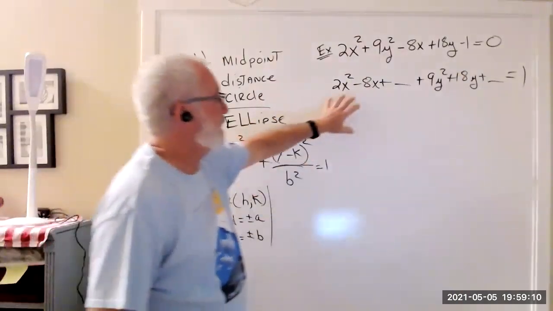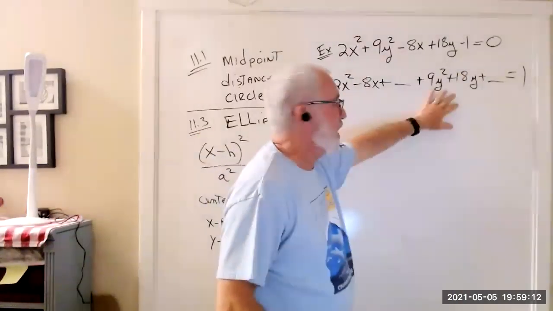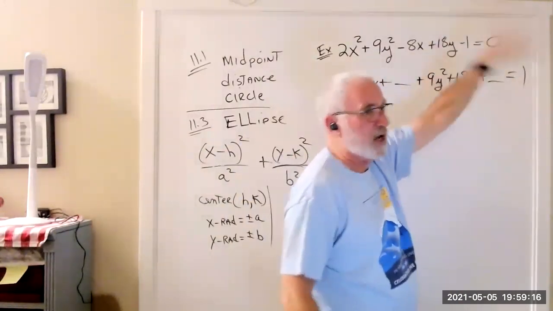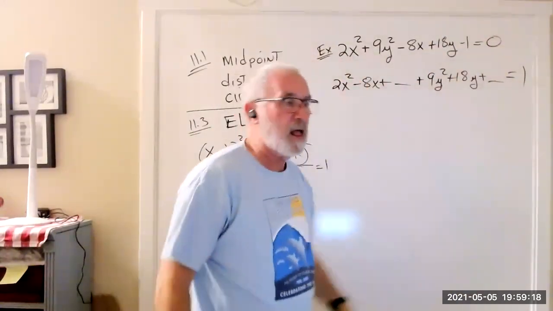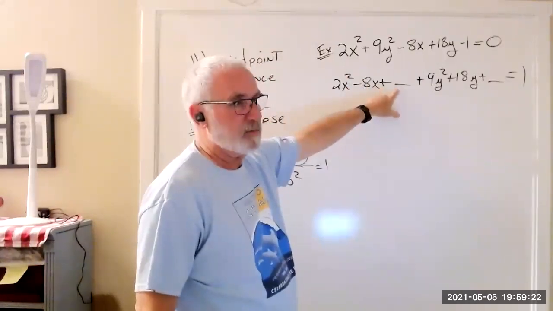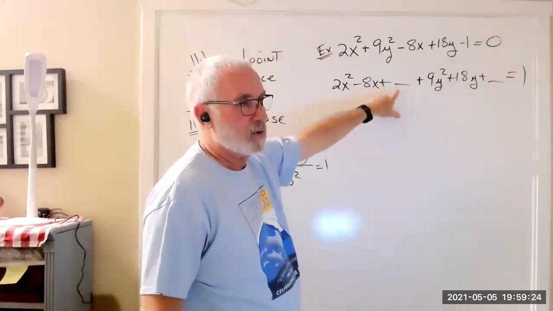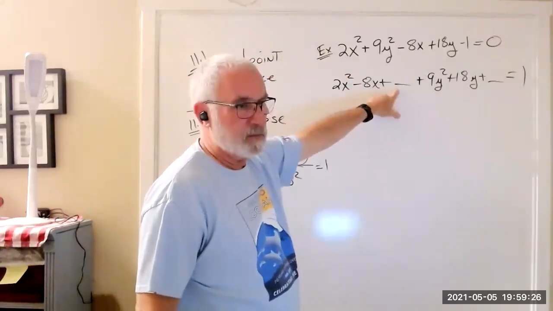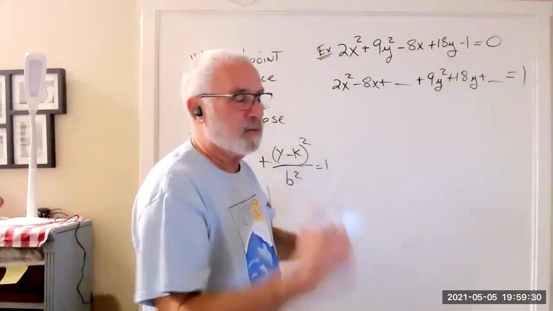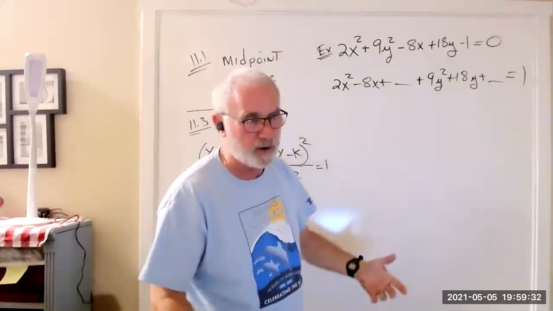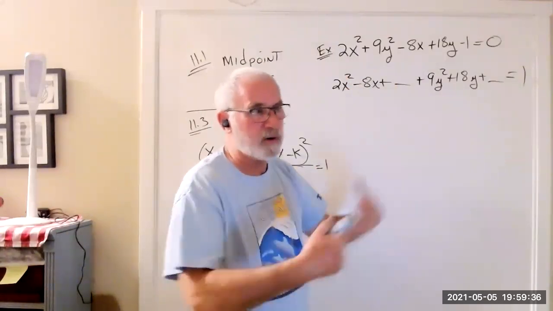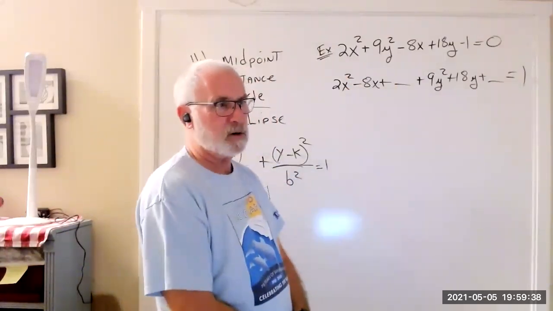We kind of got our x's with our x's, our y's with our y's, move the constant just out of the way, move it over there, and leave room for the magic number. It will always be plus blank, correct? Yes. Because remember, what you're going to do is you're going to have something and then square it. So by the time you square it, it's going to be a positive number.